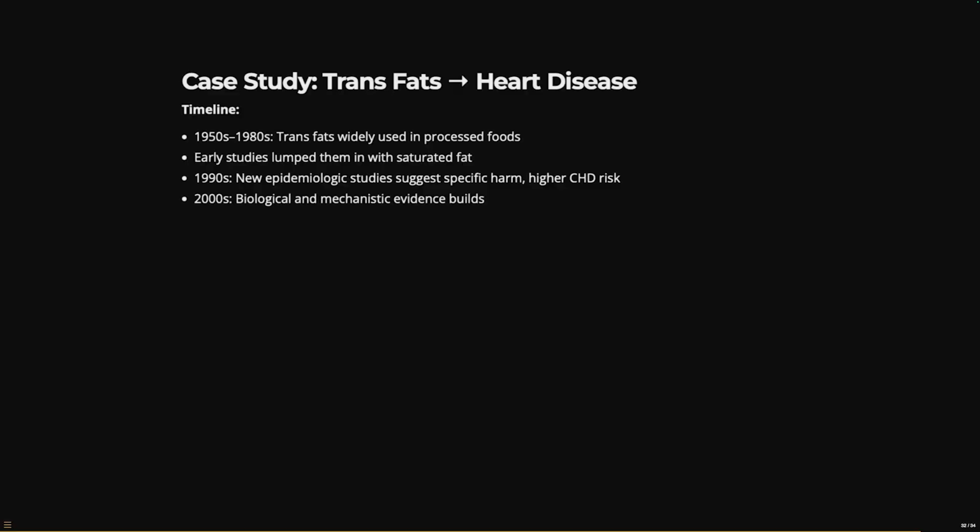Okay, the next study is a more modern time period. Still not very modern, but this case study is on trans fats and their association with heart disease. Right. So trans fat is just a type of fat that's made in a chemical process without getting too detailed about it.